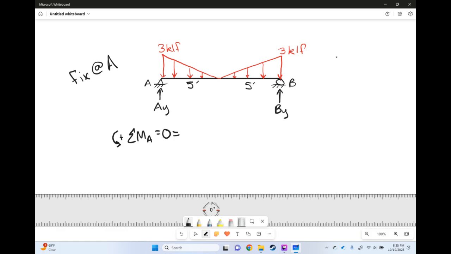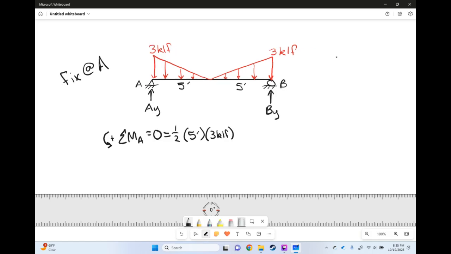So to start with, for the moment, I'm going to start on the left side here, and we have an area of 1/2 times the base of 5 feet, times the height of 3 kips per linear foot, and the distance from its centroid, which is 1/3 times that base of 5 feet, plus, this is going to be going in this direction. That is not the direction that we assumed to be positive, so that's going to be a negative number.